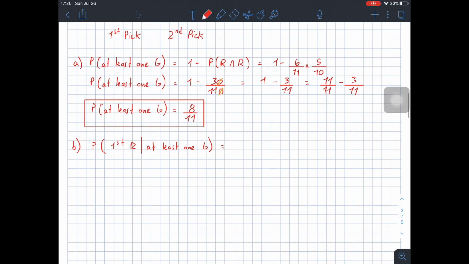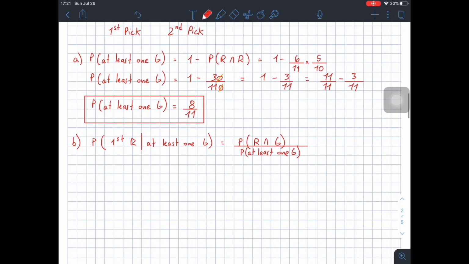So this should be the probability of red and green, given that we have at least one green. At least one green. That is the formula for conditional probability.